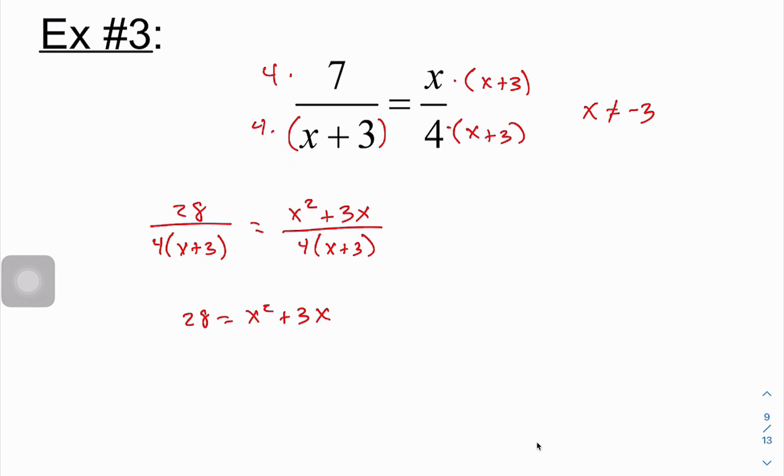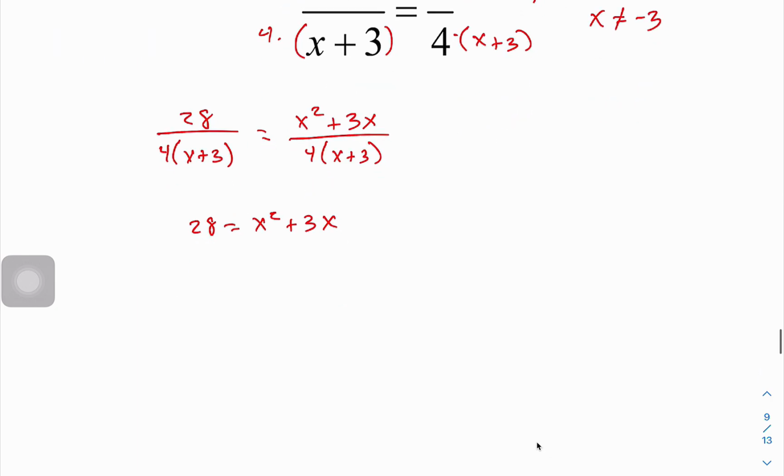Anytime you've got a quadratic, what do you always do? Get it equal to 0, and usually factor. Okay? Sometimes it might be quadratic formula, but usually it's going to be factoring. So if we get this equal to 0, we've got x squared plus 3x. I'm going to subtract the 28 over, and now we solve from there.